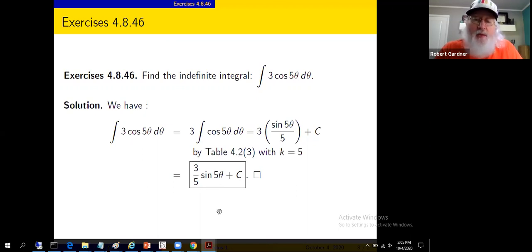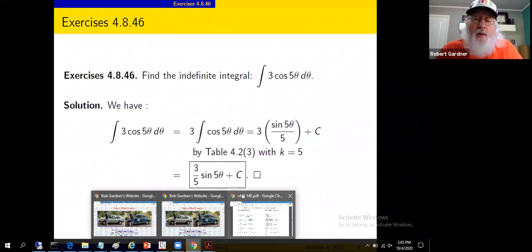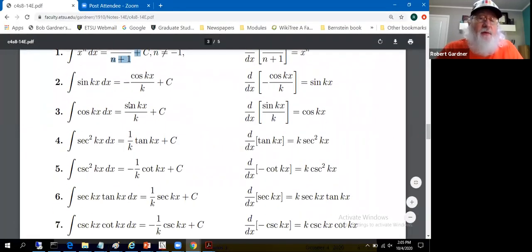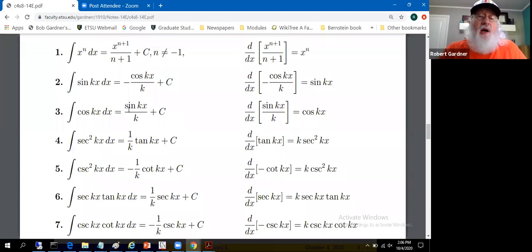Apparently in part 3 of the table, they have the integral of cosine k times x. That's what we have where k is 5. Then they get sine kx over k, plus a constant, of course, it's an indefinite integral. So we'll get sine 5x divided by 5.